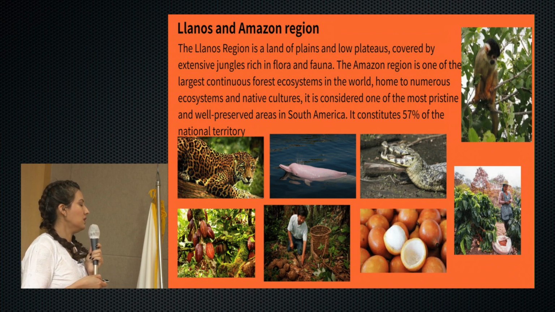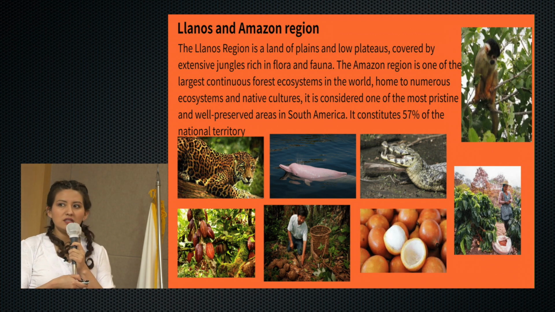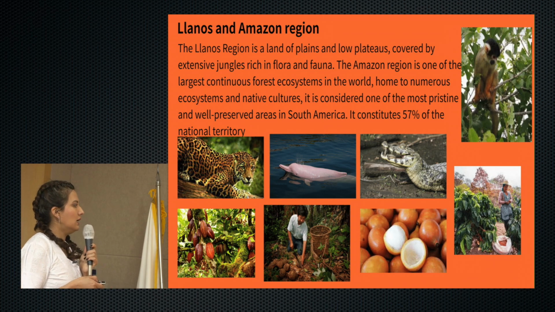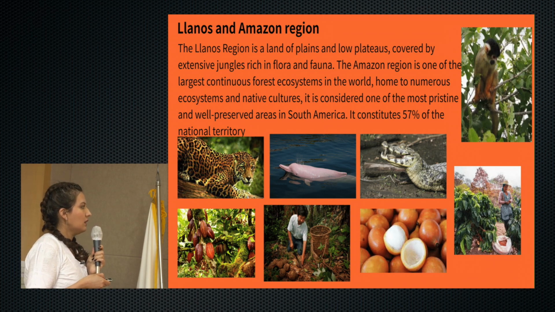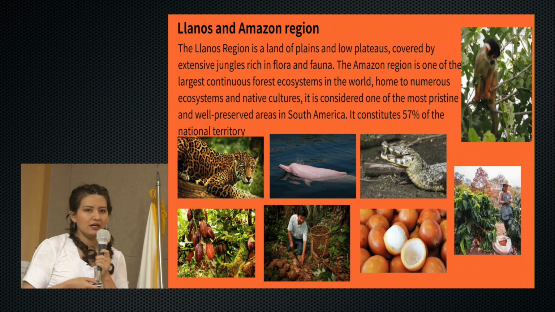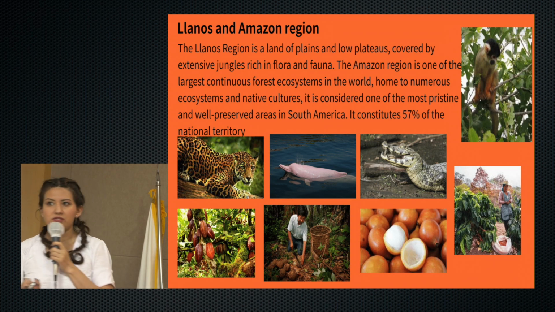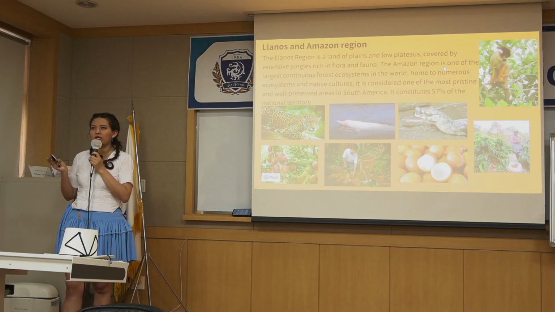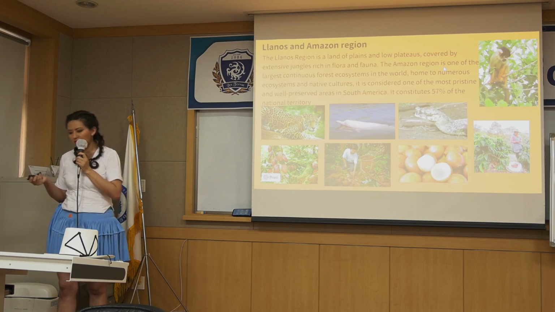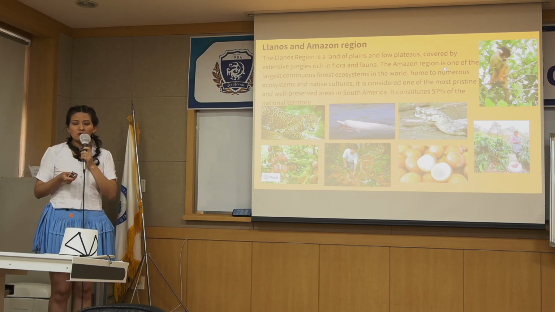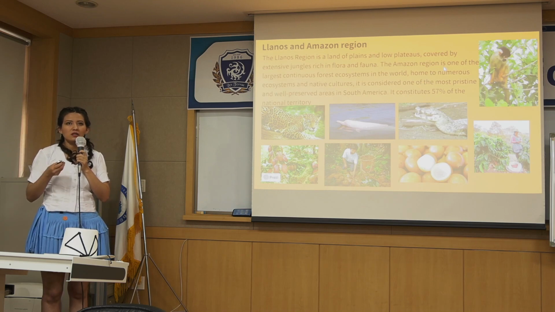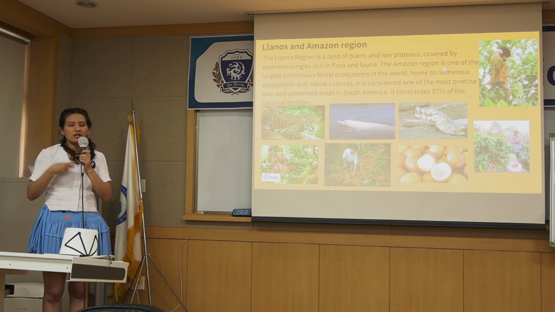We grow a lot of cacao, coffee, and this is the castaña, walnuts, I think. The coffee and the cacao have really good characteristics, but I think they're not that famous because they are mainly grown by small farmers and some big organizations.